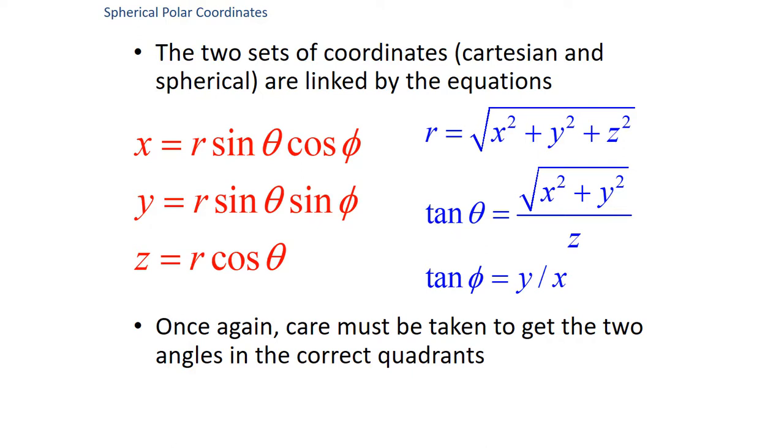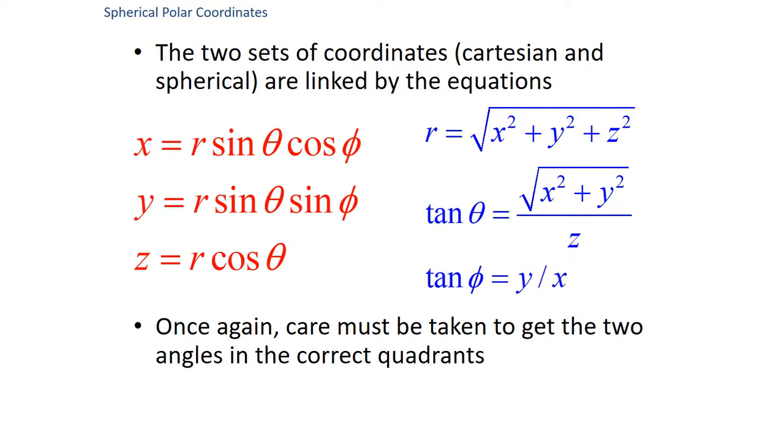Remember, of course, that theta exists only in the first two quadrants, going from 0, say at the North Pole, down through pi over 2 at the equator, down to pi at the South Pole. And similarly, you've got four situations here. X or Y could be both positive or negative.